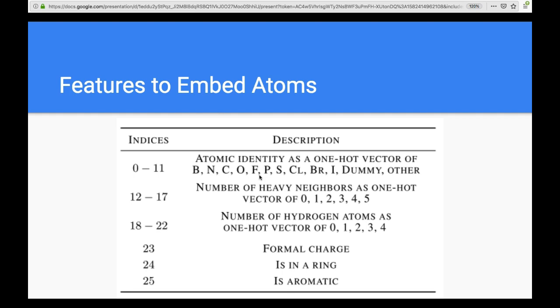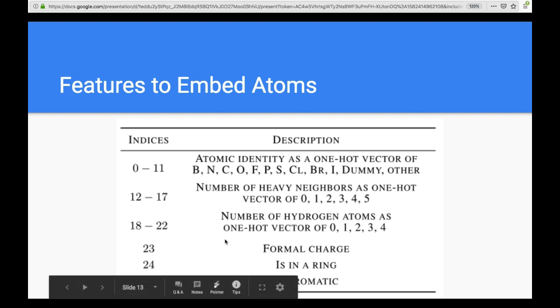Yeah. So apart from that, they will also have a different dimension that's in charge of the number of heavy neighbors. I think this is very important in chemistry. If you have more heavy neighbors, then you will have different behavior, and they encode this kind of information here.